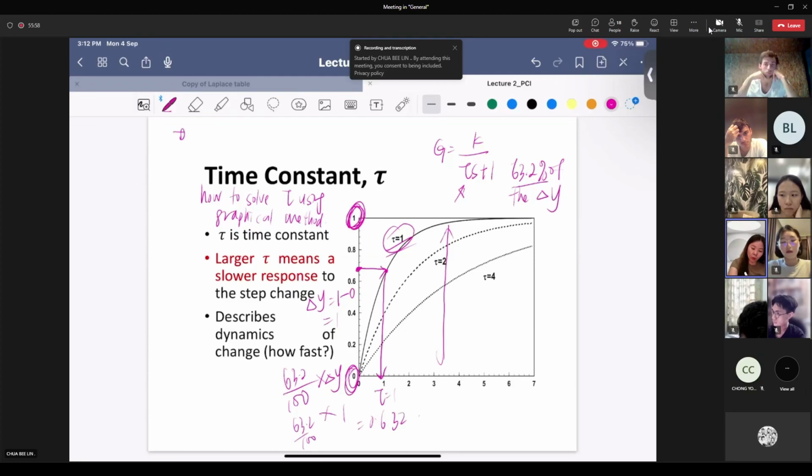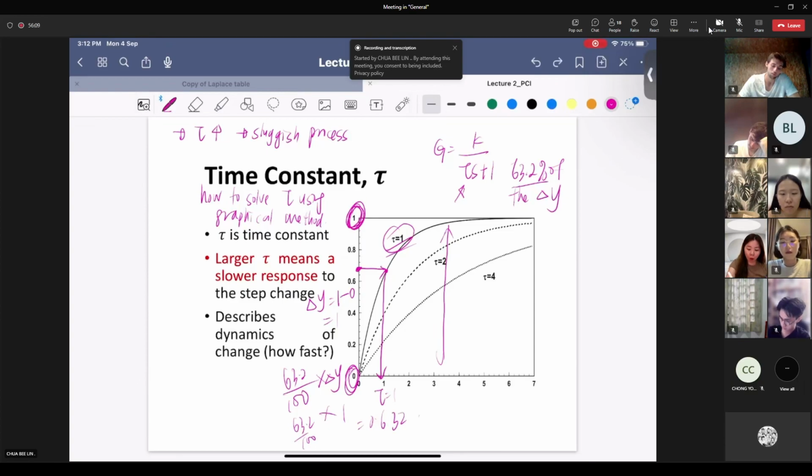So in conclusion, when you have a bigger tau, it means a sluggish process. A sluggish process will take a longer time to achieve steady state. So following this curve, the steady state is here.